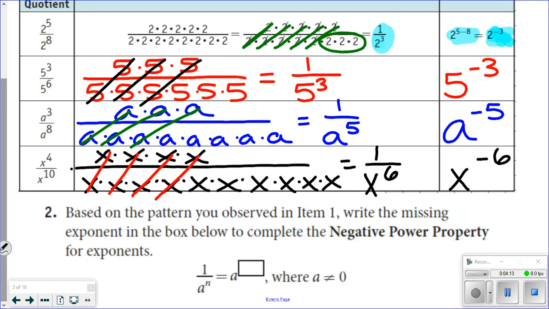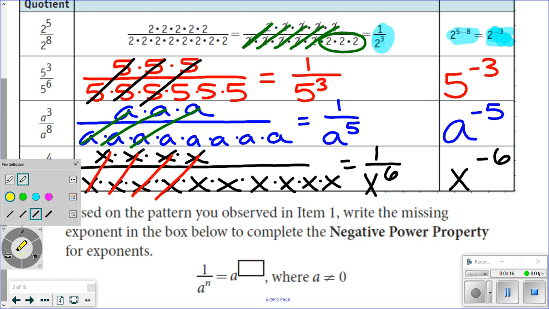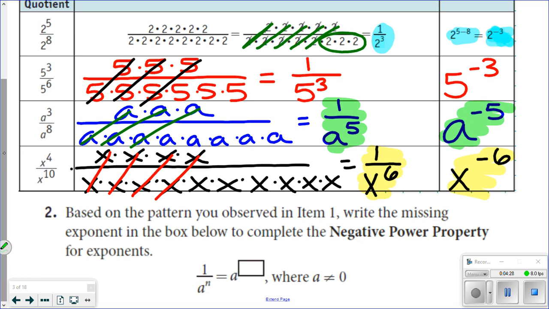So we need to talk about what is happening from here to here. From here to here. So what do you think I would put in this little box?